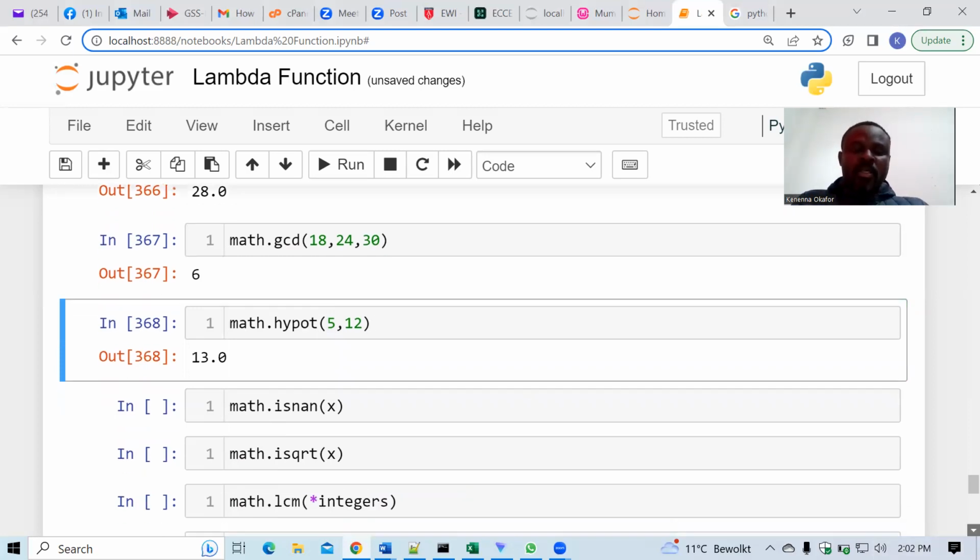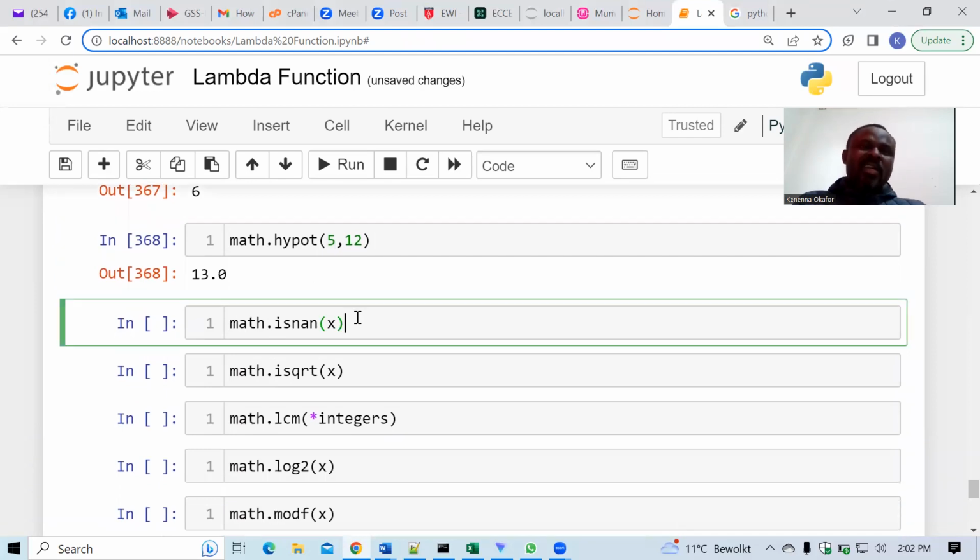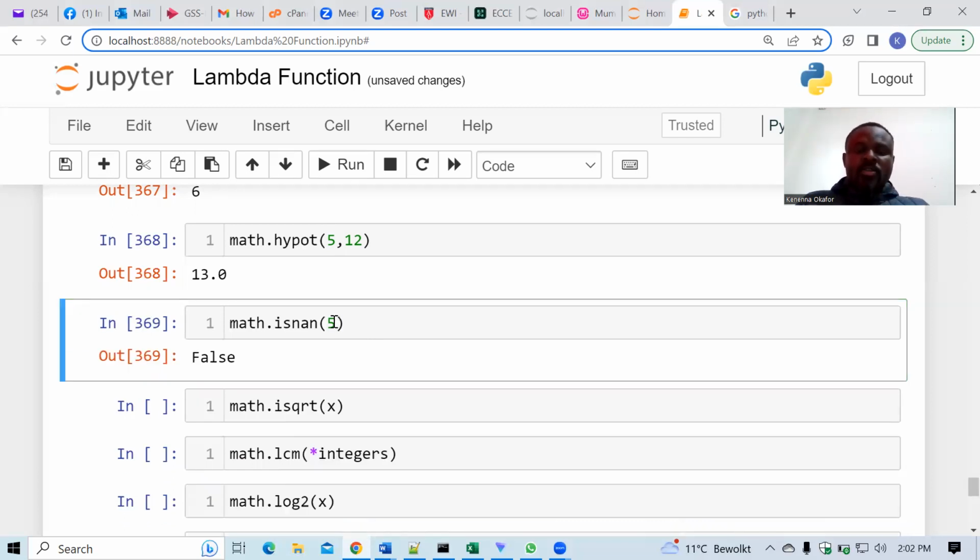Okay, now for the other function there, isnan. It simply checks if the provided argument is not a number. If it is not a number, then it is true. But if it is a number, then it returns false. So if I have 5, isnan is going to return false. 5 is a number. Yes. So for me to get true, the given value should not be a number.